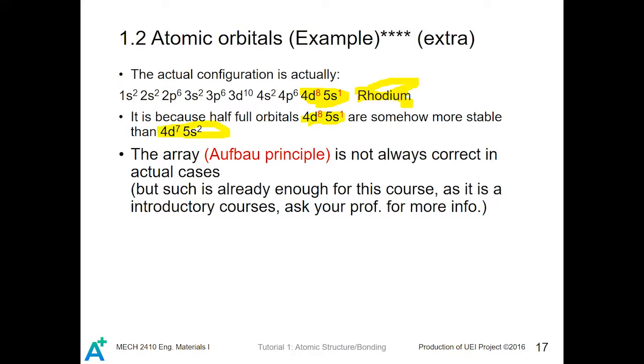In actual cases, that means the array which uses the Aufbau principle is not always correct. But such a principle is already enough for this course, as it is an introductory course and not a camp course. If you want to know more, please ask your professors for more info.